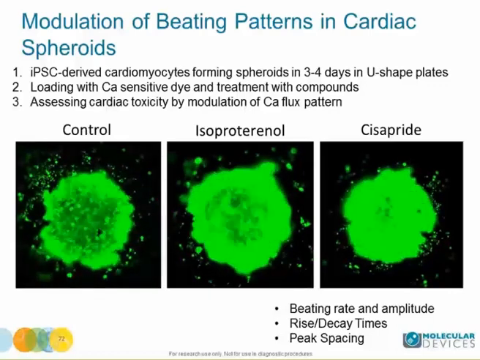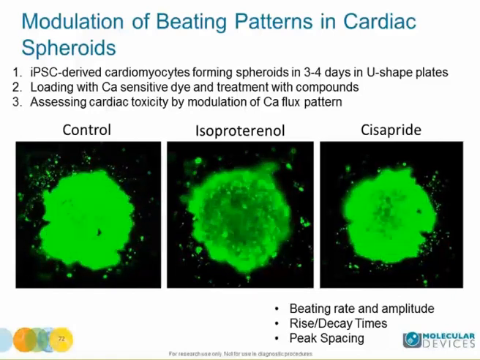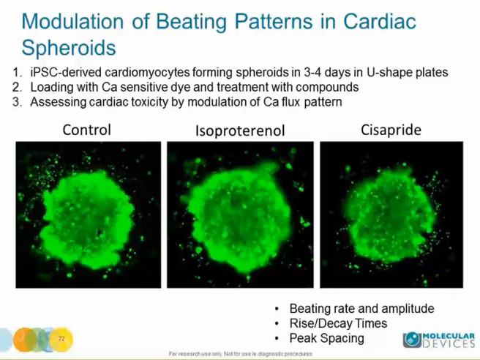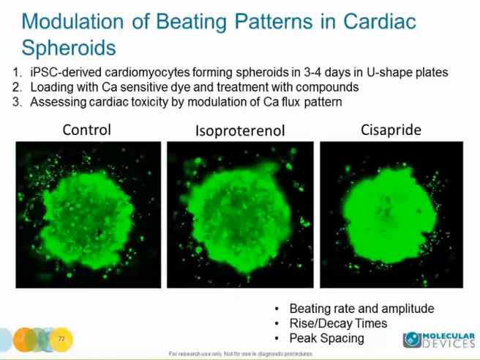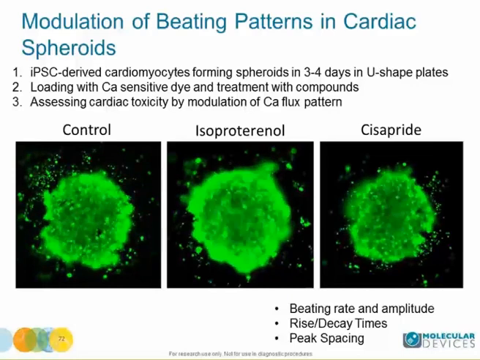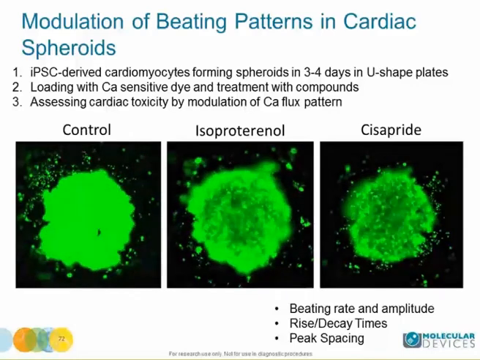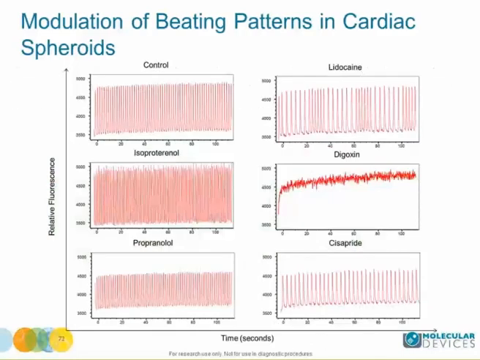There are a number of parameters which changed with compounds, which include changes in beating rate and amplitude, changes in rise or decay time, and also peak spacing. Different calcium flux patterns can be recorded by imaging instruments or by FLIPR instruments.